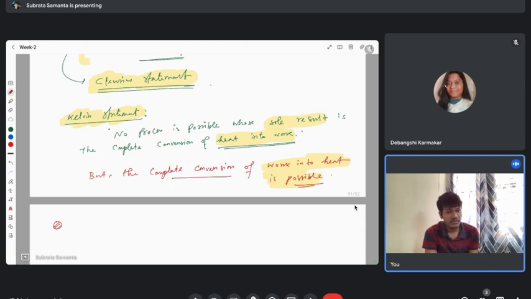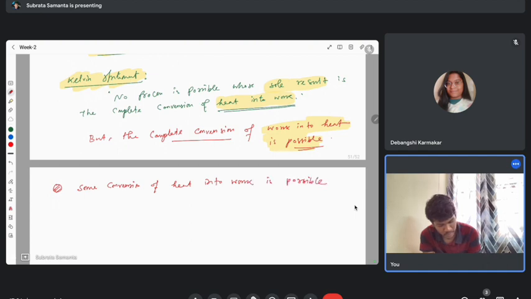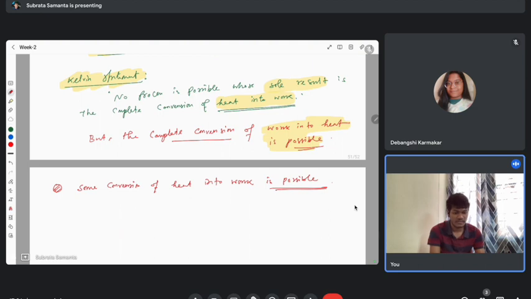That means some conversion of heat into work is possible. So not the complete conversion, 100%, but a few percent of this heat into work is possible, right?